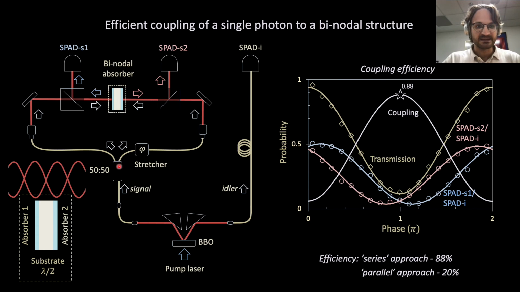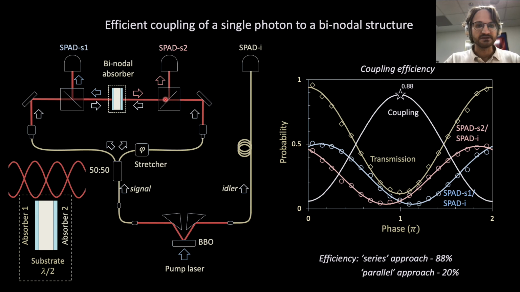The position of the standing wave is controlled by this fiber stretcher, and by changing the phase, we may shift the antinodes of the standing wave relative to the absorber we use.